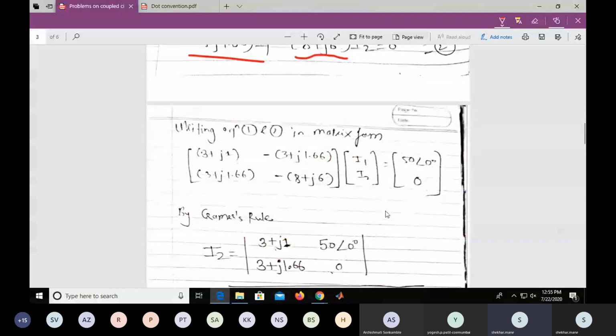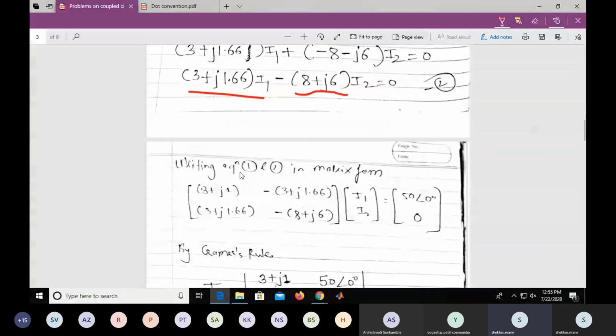Now these two equations you can write in matrix form. So this is the first equation, 3 plus J1 and then minus 3 plus J 1.66 and I1 and then 50 angle 0 degree.